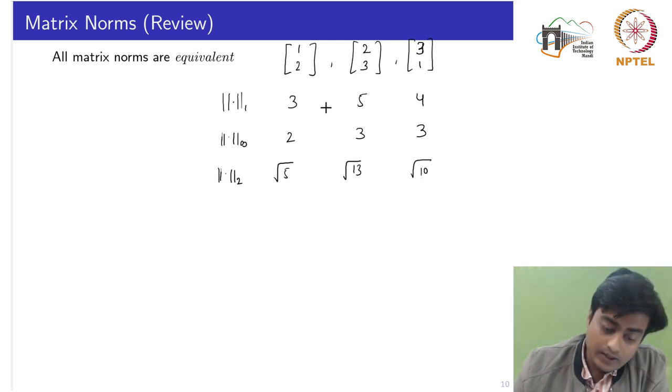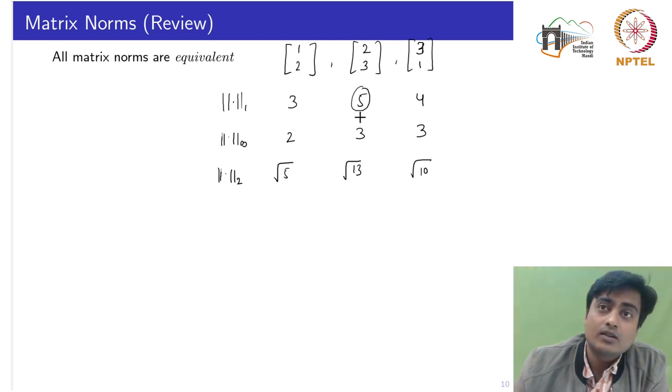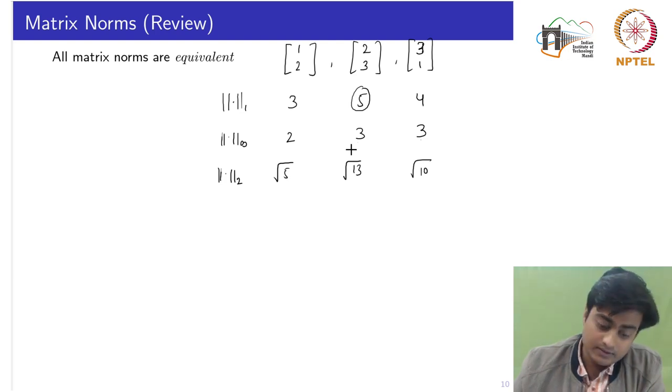So if you compare all the values of the norms, you would see that the second vector has the largest size, although when computing the infinity norm, its value is equal to the third vector, right? But it cannot go lower than the third vector, right?